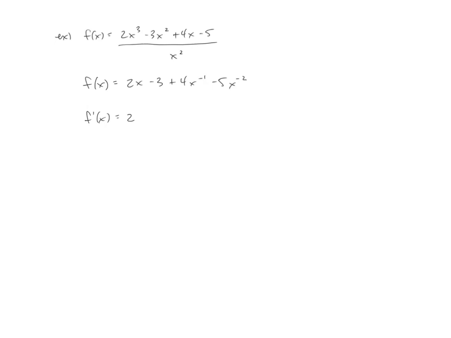In the next term, the derivative of a constant would be 0. So I'm just going to put a plus 0 in there. Second to last, multiply the negative 1 down, you get a negative 4 times x raised to the negative second, and then a plus 10x raised to the negative third.